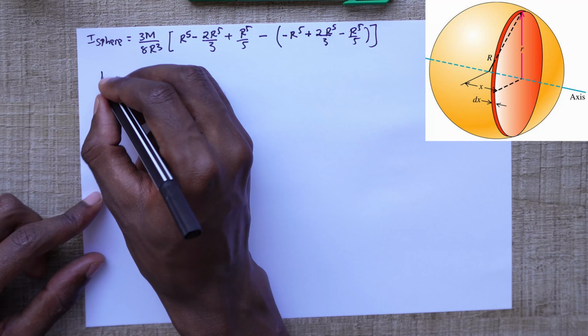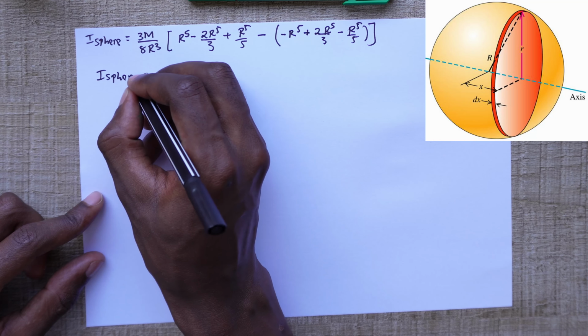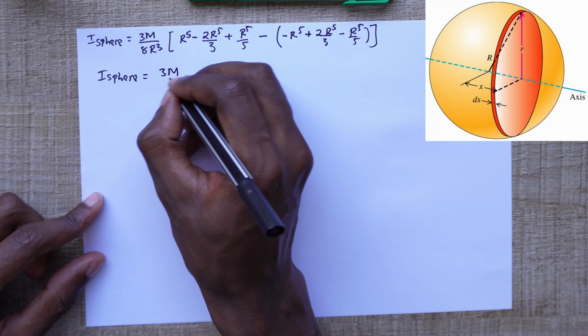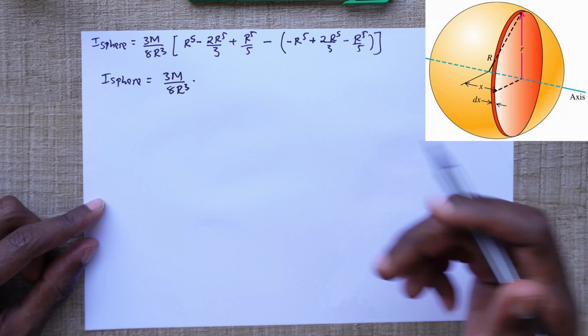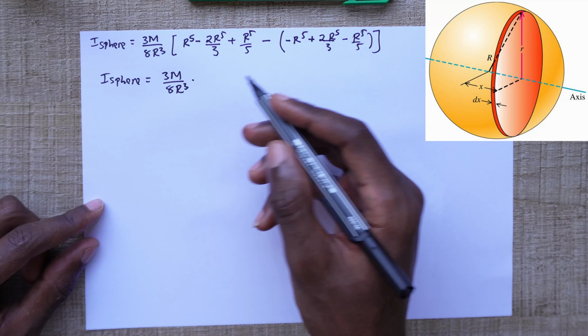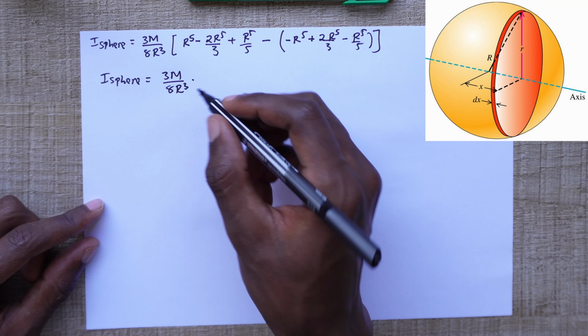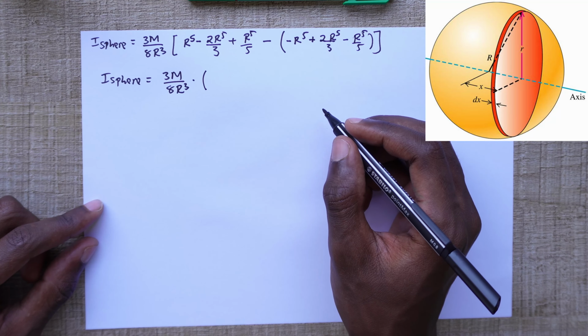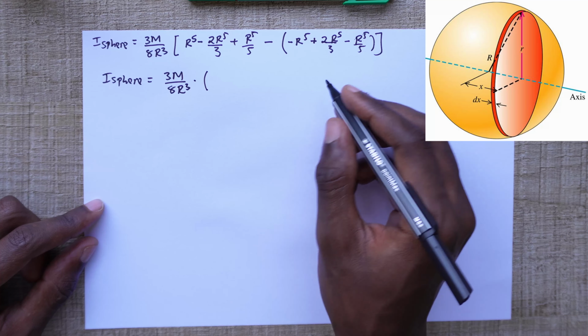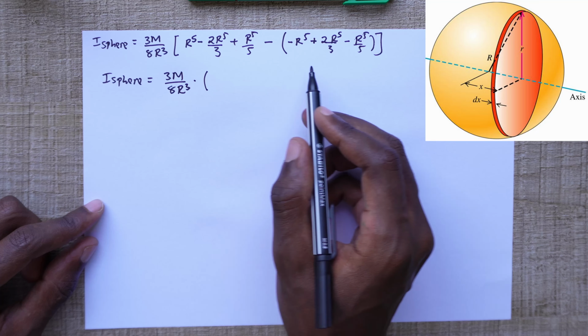Then simplifying, we're going to get 3m over 8R cubed times. If we simplify this, I'm just going to give you the result so that we should not spend too much time on that.